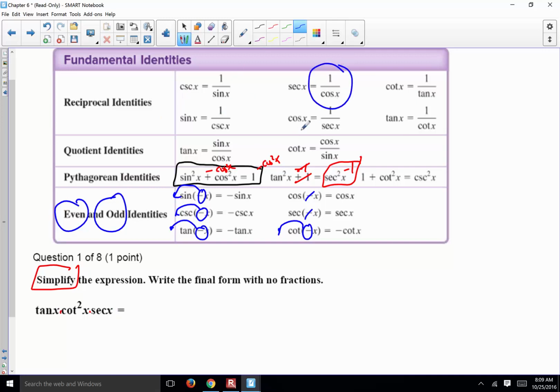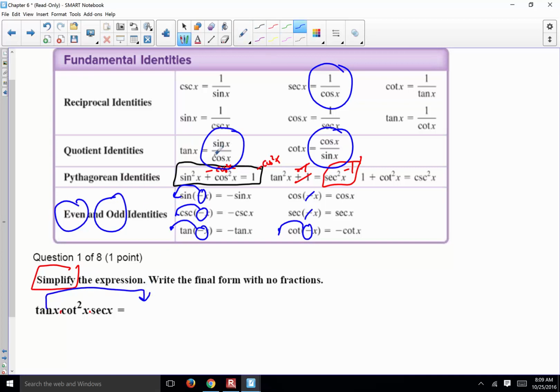Secant is 1 over cos, tangent is sine over cos, and cotangent is cos over sine. So you have something on the top and bottom, and similar items, sine and cosine everywhere. Probably we can cancel them, right?